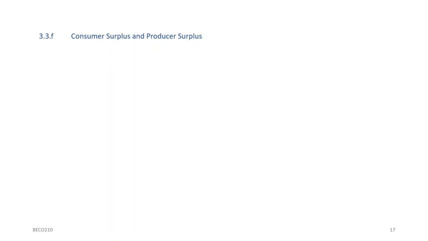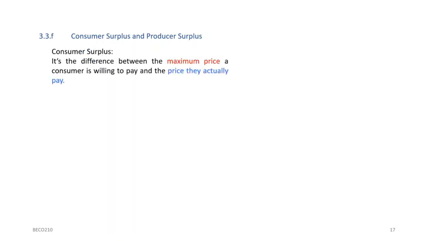Consumer surplus and producer surplus. Let's start with the consumer surplus. The consumer surplus is the difference between the price a consumer was willing to pay and what they actually paid. Imagine you wanted to go and buy a phone.